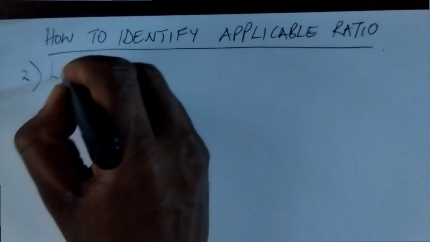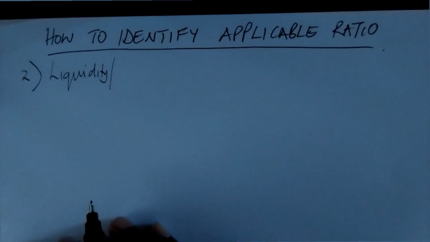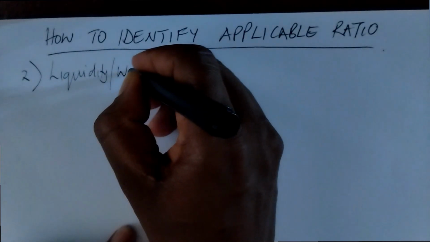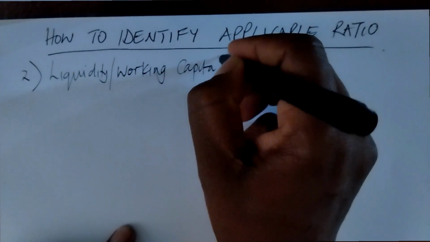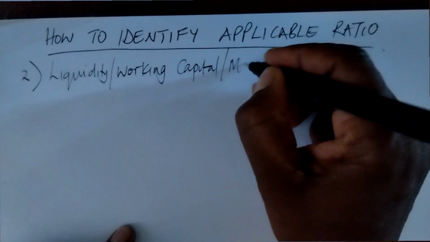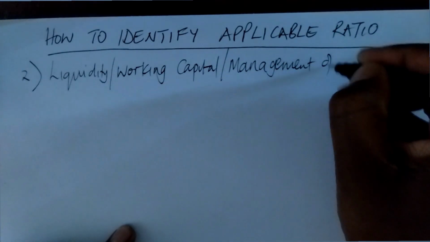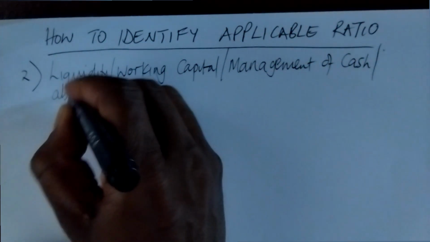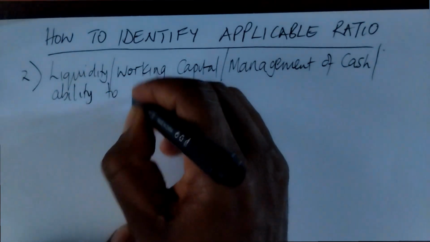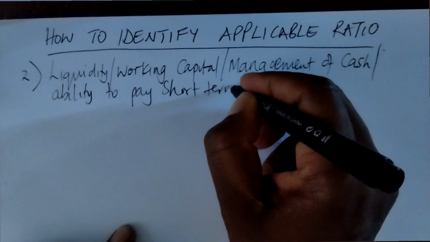If you see a question asking you to comment on liquidity, or the question is asking me to comment on working capital, or they can say management of cash, or they can say ability to pay short-term debts.